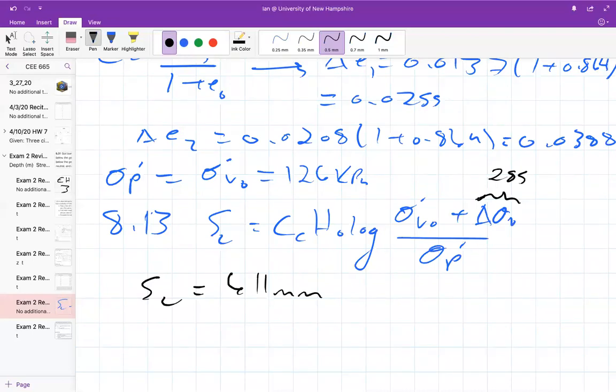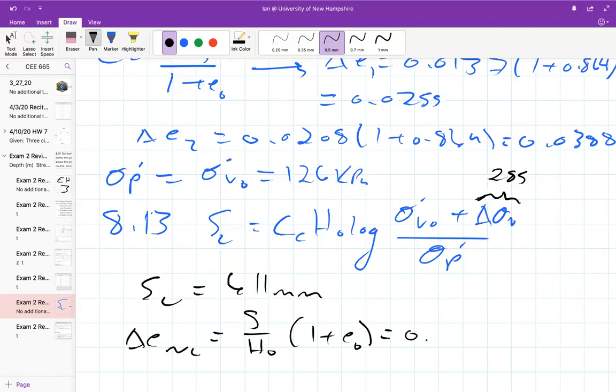And to get the normally consolidated change of void ratio, so our delta e NC, is just going to be S over H times 1 plus e naught.